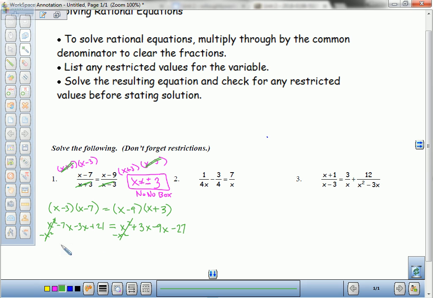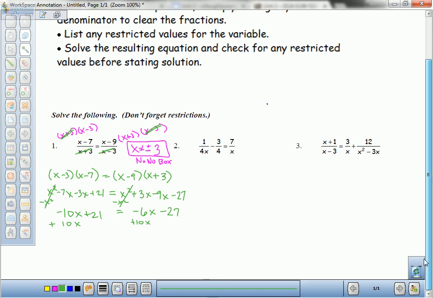All right, so then we're left with negative 10x plus 21 equals negative 6x minus 27. And then you guys pick, which side do you want to put the variables on? Which side do you want to put the constants on, the numbers? I'd probably move my variable over here because that just makes it positive. There's no wrong way.